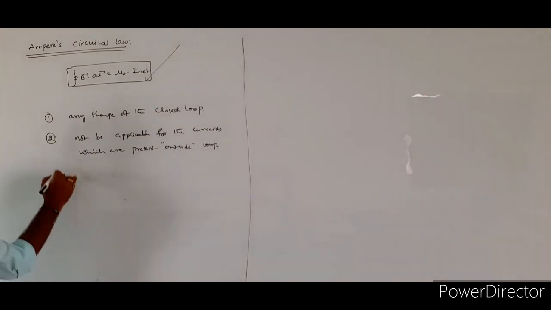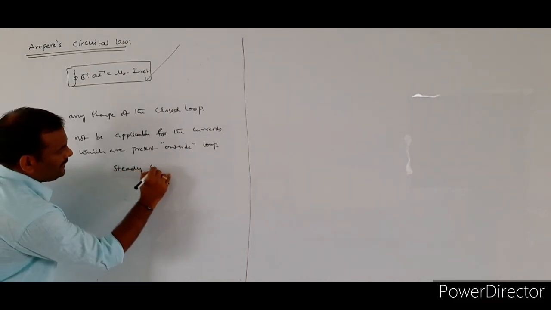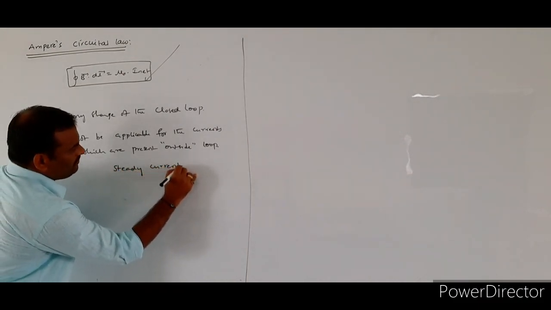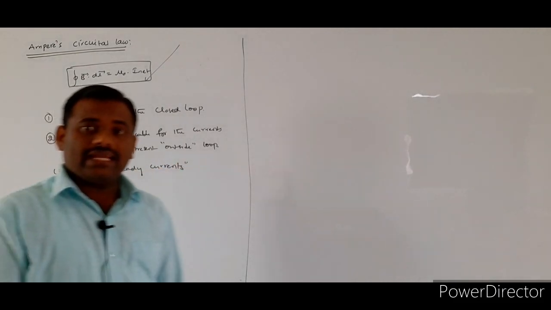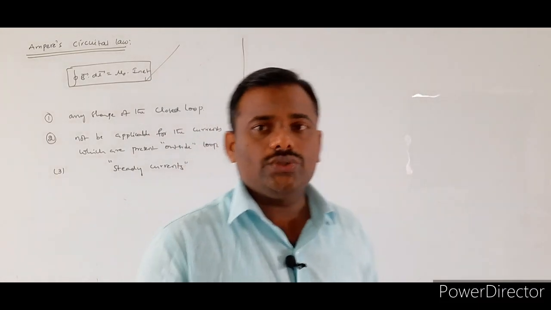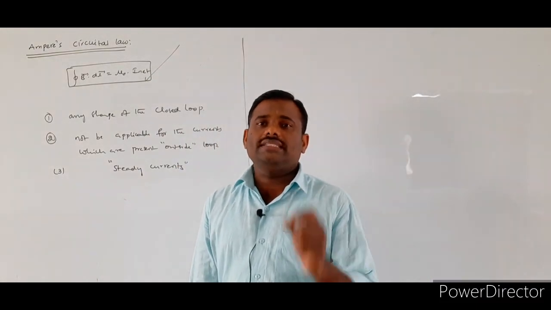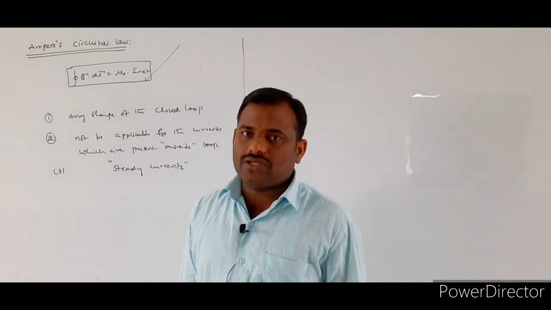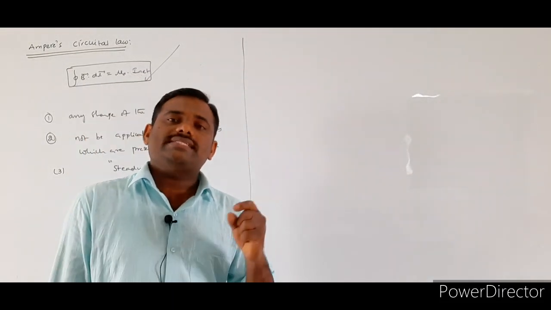The third point is that Ampere's circuital law will be applicable for steady currents only. Steady current means the magnitude of the current does not change or vary with respect to time. Such currents we call steady current.